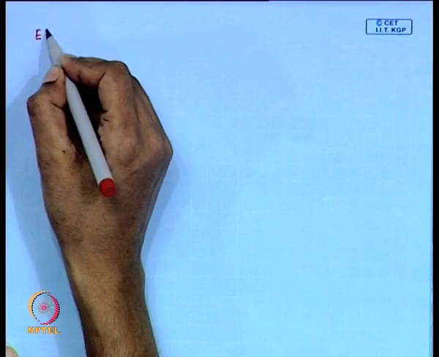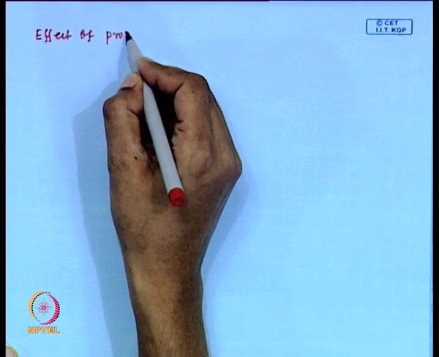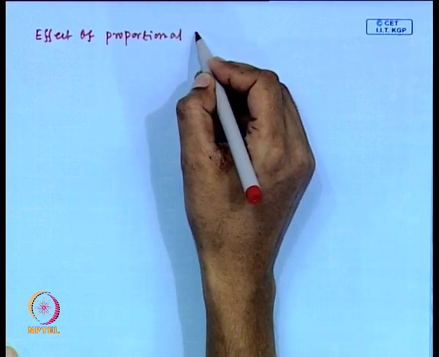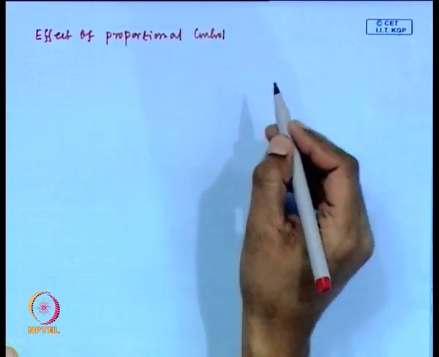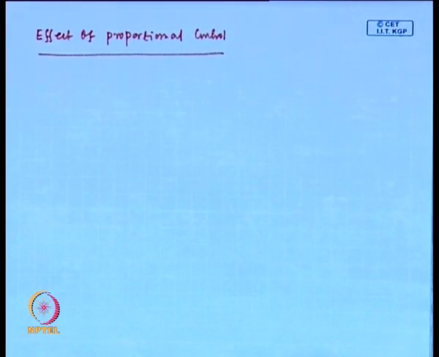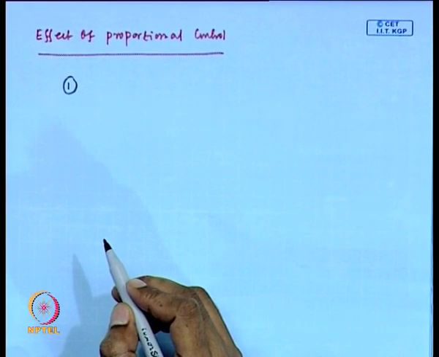First we will discuss the effect of proportional control. We can write proportional action or proportional control because it only includes the proportional action. For this purpose, we will consider an open loop process.